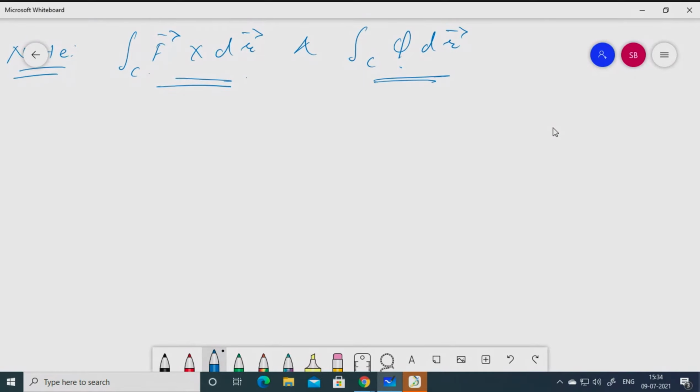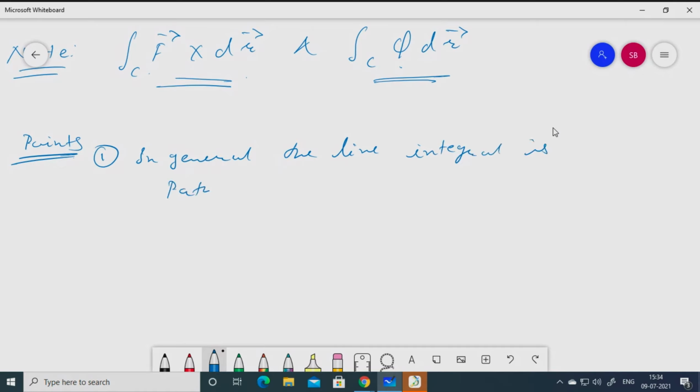Now, few remarks, few points you need to understand here: in most of the cases, or in general, the line integral is path dependent.